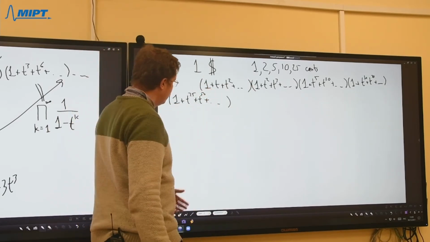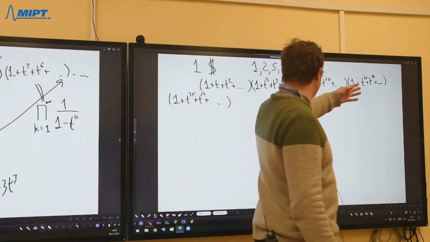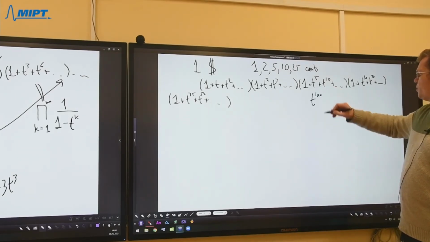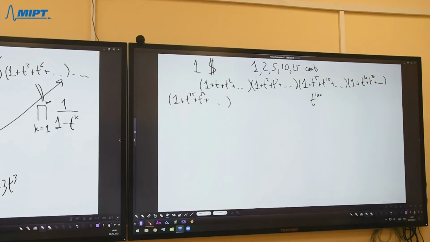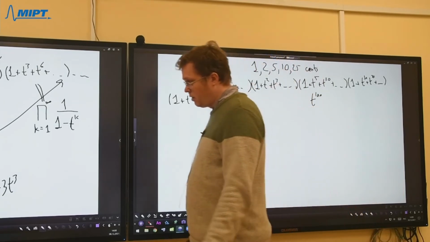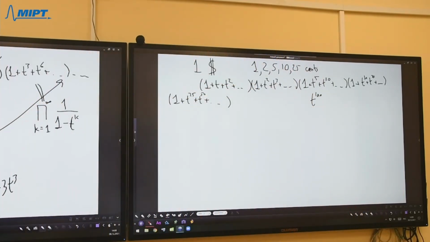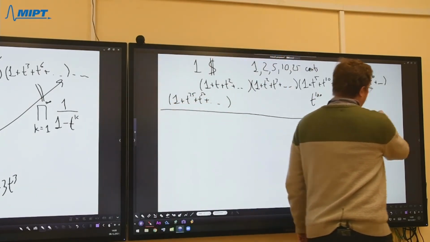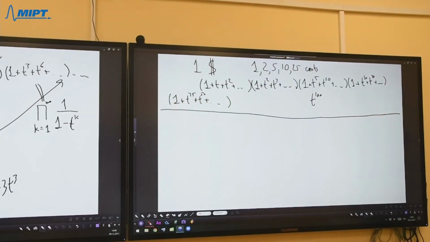And from this, if we just try to open the brackets and calculate the coefficient of t to the power 100, then we get the number of possible changes of dollars into this set of coins. And also we can use it to prove some tricky identities.